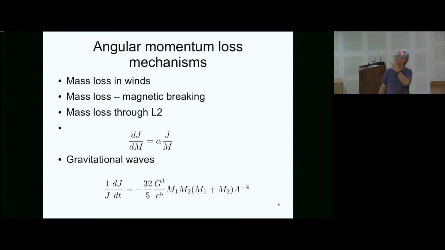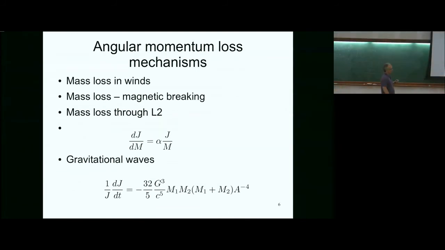So one is the mass loss in the winds, and I have talked about the mass loss in the winds, and we know that mass loss in the winds will tend to shrink the systems. But in what I have said, I have assumed that the angular momentum carried away by the wind is the specific angular momentum on the surface of the stars.